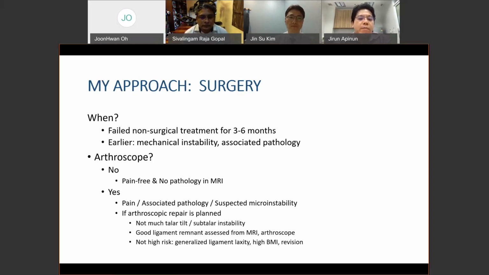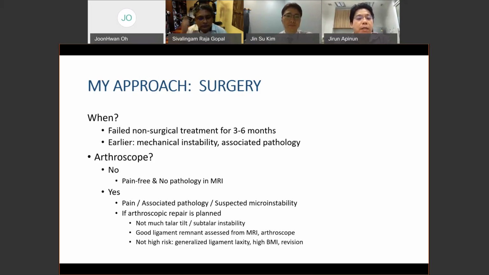The ligament remnant must be in a good condition, which is assessed from MRI preoperatively and again intraoperatively. Look at it. If it's in a good condition, then we can perform it. And the patient must not be a high-risk patient. Must have no generalized ligament laxity. Must have no high BMI, and it's not a revision case.